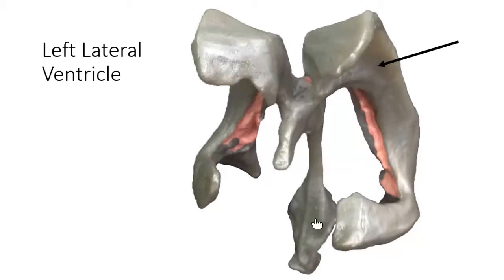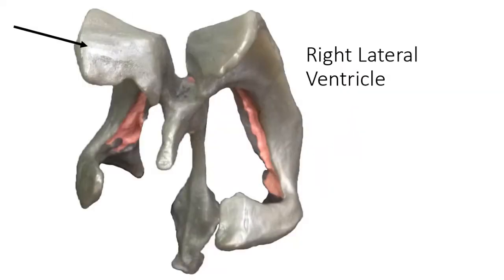Do you have this model in your book? Okay. So understand something: this is the anterior view. We're looking at it from the front. So our right is the left ventricle. This is if you were looking at somebody. Keep that in mind.